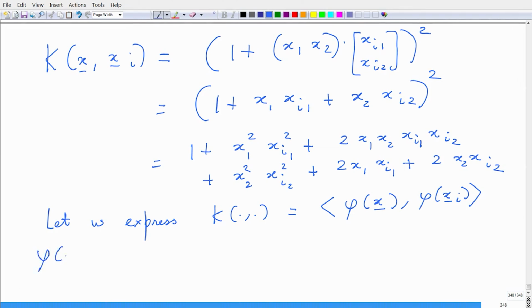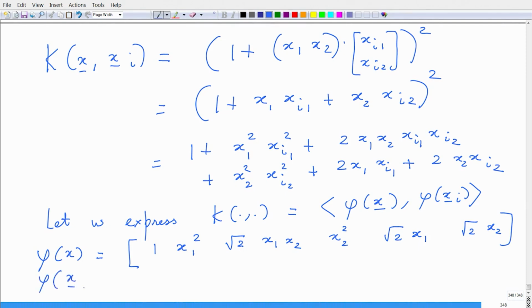So I can compute phi of x as this vector: 1, x1 square, root 2 x1 x2, then x2 square, then root 2 x1, then root 2 x2. I have 6 terms and I have 6 coordinates here. Just observe what I am doing here and things become pretty straightforward.